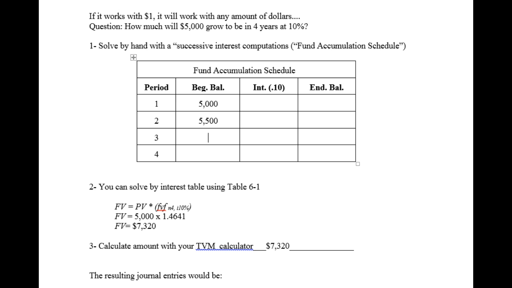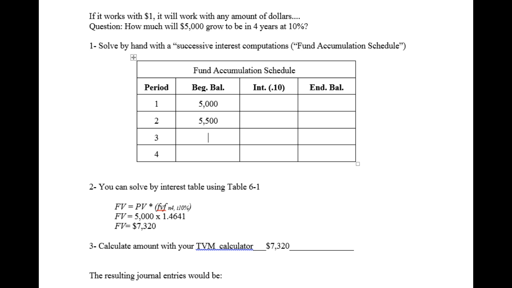It's significant to note that Table 1 was built on what happens to $1 using different interest rates and compounding periods. That means that it will work for any amount of dollars.